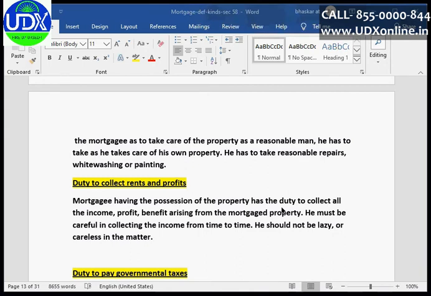The mortgagee must collect that amount. The mortgagee must not be lazy, must not be careless in the matter.